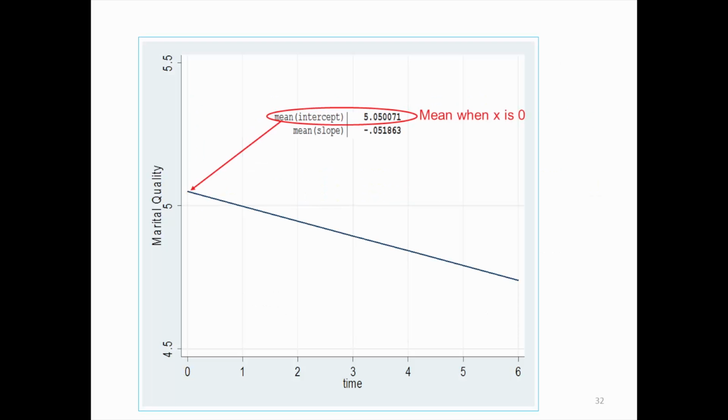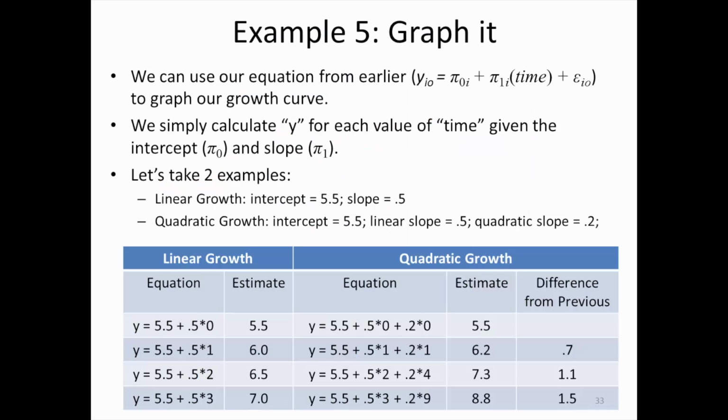Okay, so here is an example. When x is 0, we have an average of 5.05, and the average slope is negative 0.05 for each unit change in time. You can graph growth curves.